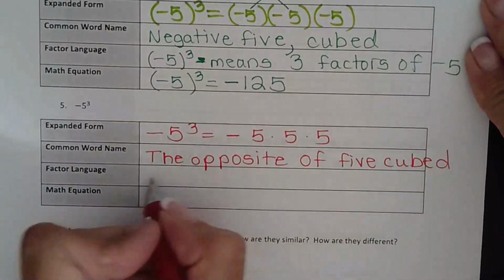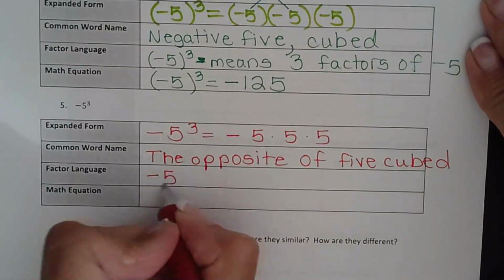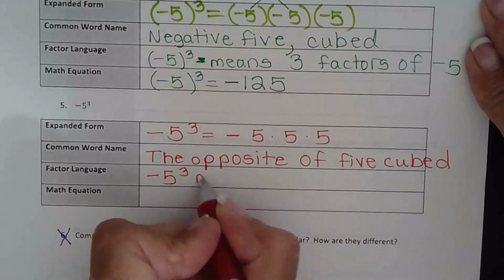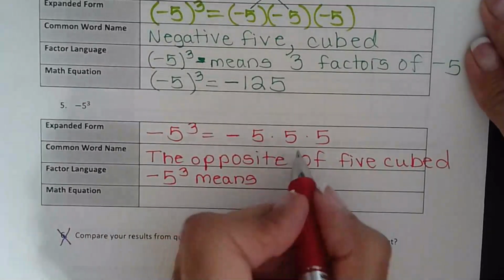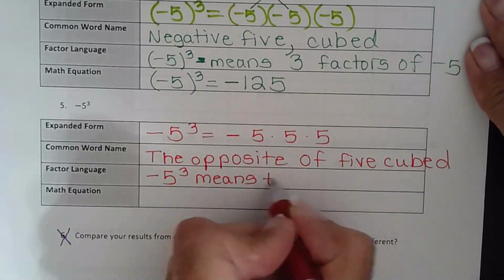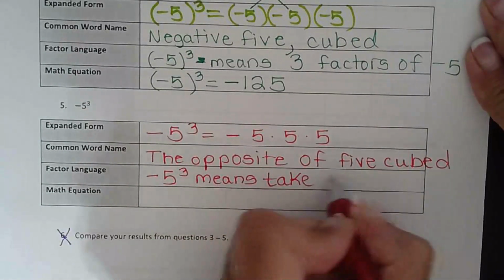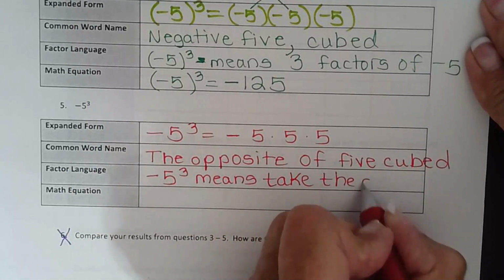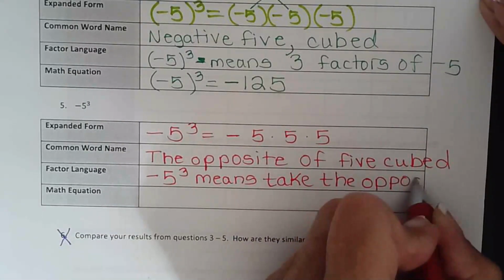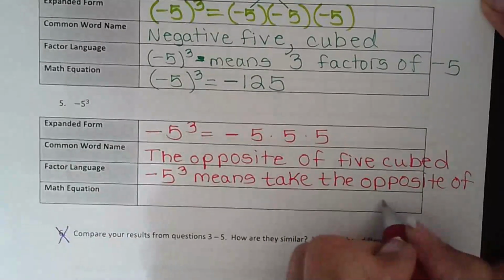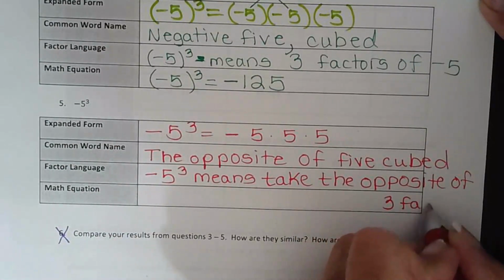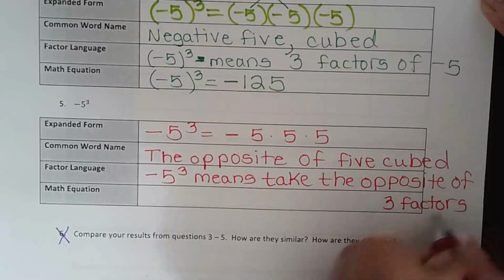Factor language, -5 cubed means take the opposite of 3 factors of 5.